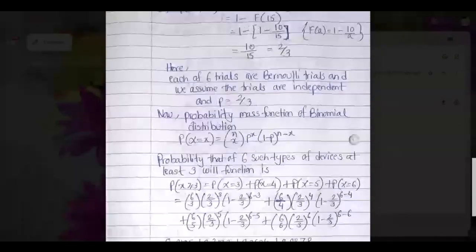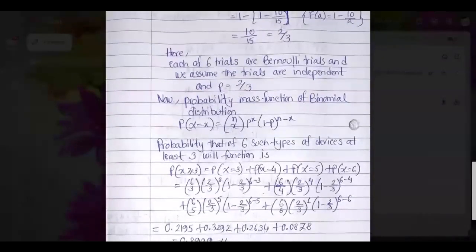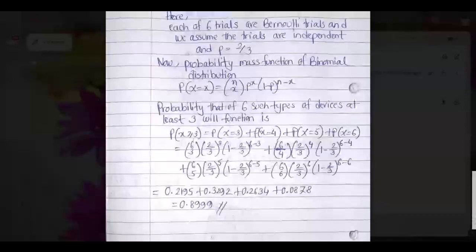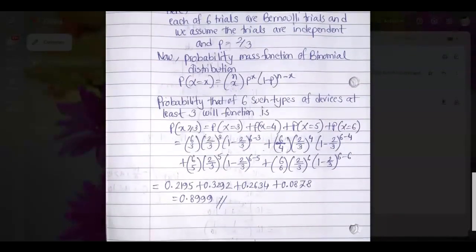And now we're going to use the probability mass function of the binomial distribution. We have the probability 2 over 3 that we found here, and the final required probability is the probability that x is greater than or equal to 3, for at least 3 functioning, which equals the probability that x equals 3 plus 4, 5, and 6, up to 6 such devices.